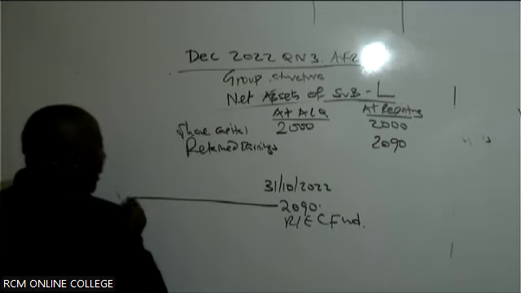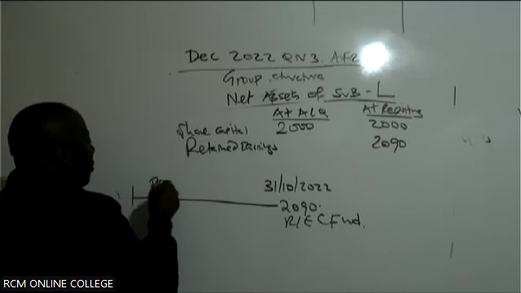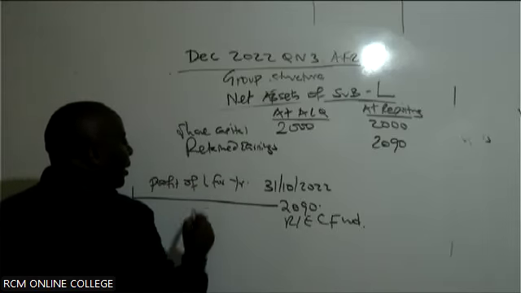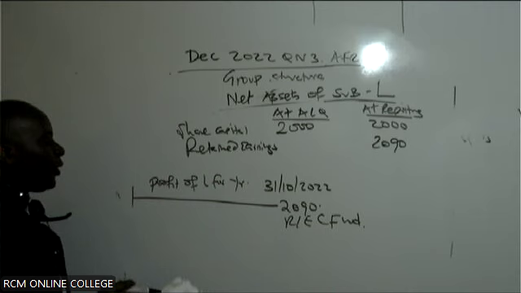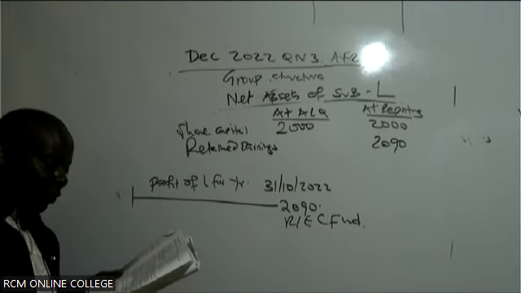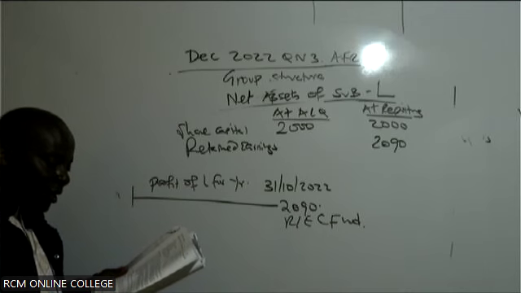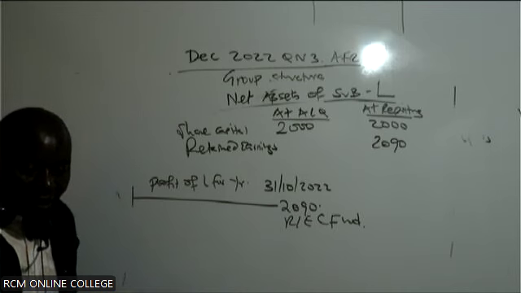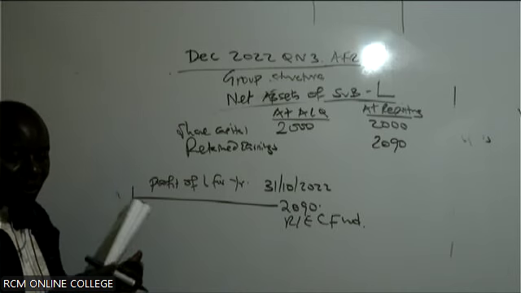But fortunately, they have given us the profit of L for the year. How much have they given us as profit for L for the year? If you look at the income statement, you'll be able to see profit for the year for L. Is there somebody who is able to see 860?